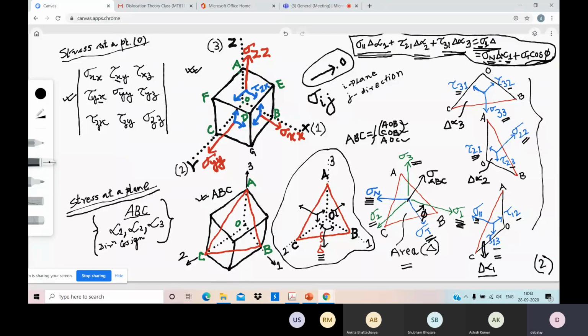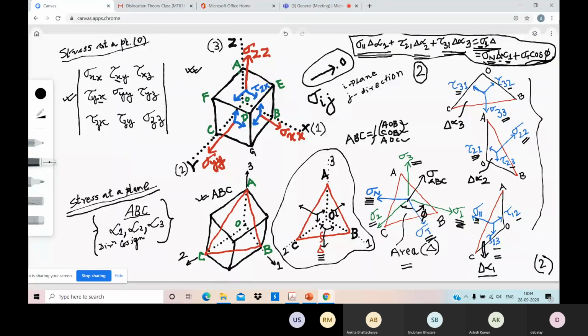Along direction 2, the balance will be something like tau 12 delta alpha 1 plus sigma 22 delta alpha 2 plus tau 32 delta alpha 3 equals sigma 2 delta, which equals sigma n delta alpha 2 plus sigma t cos of a certain other angle, the angle between sigma t and sigma 2.